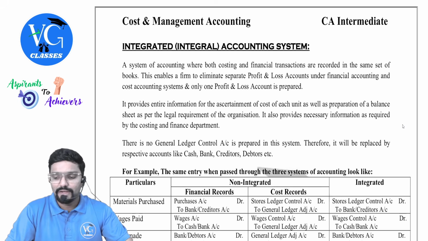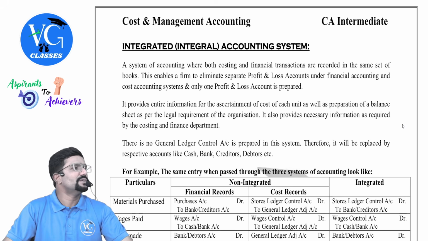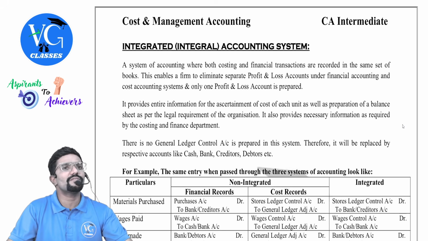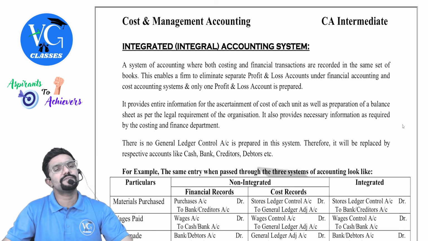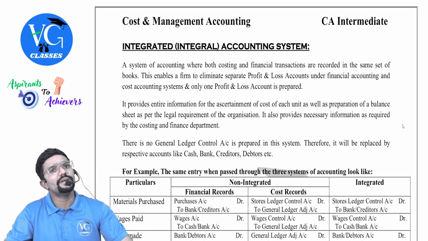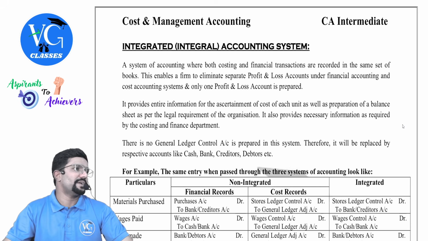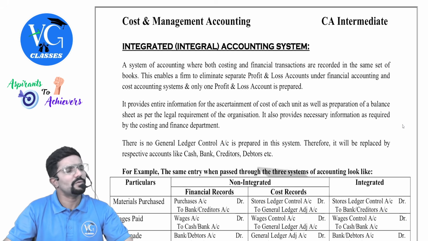But sir, is it followed in real life? No, because the need of costing as well as financial is different. What we are supposed to find out in financial books is different, and what we are supposed to find out in cost books is different. So can we merge both and maintain one set of books of accounts? No, that won't be possible.